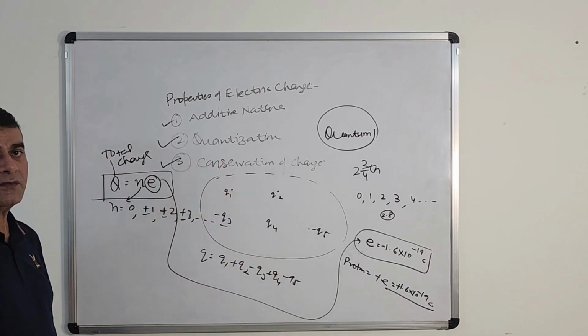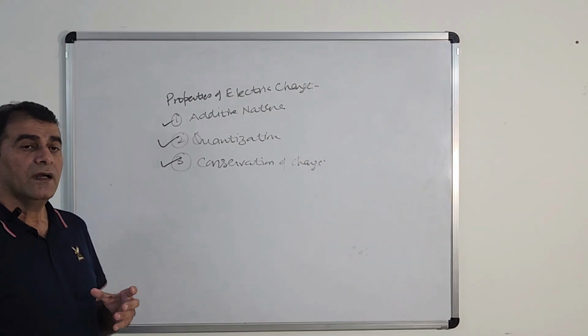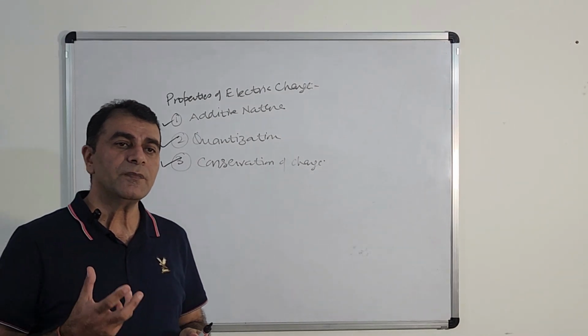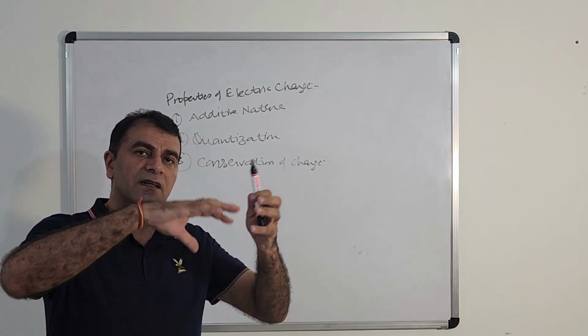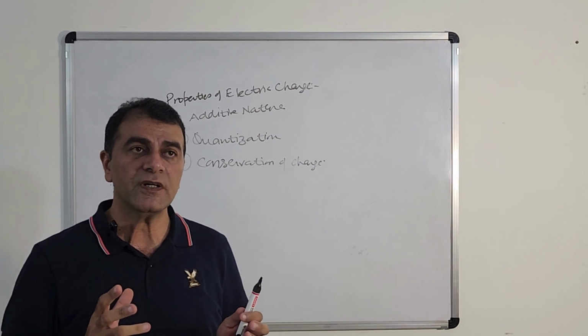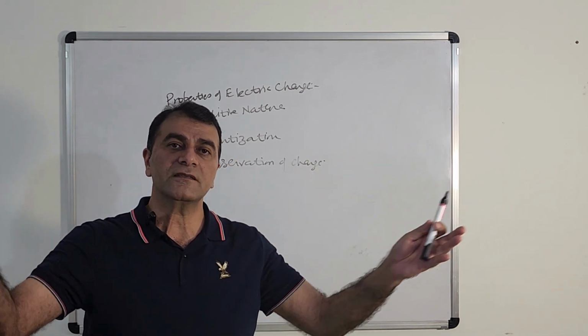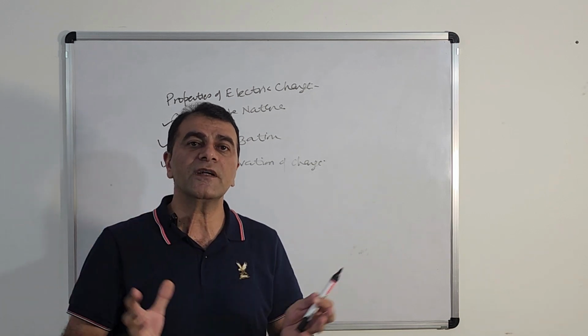Then comes conservation of charge. What is conservation of charge? It simply says that if there is an isolated system, and what is an isolated system? An isolated system is one on which there is no effect of any other factors, like a closed one.